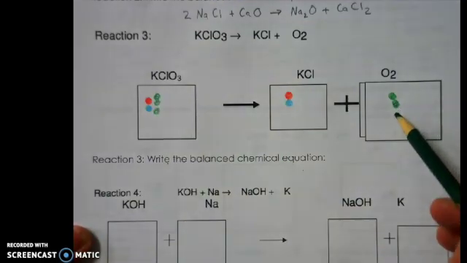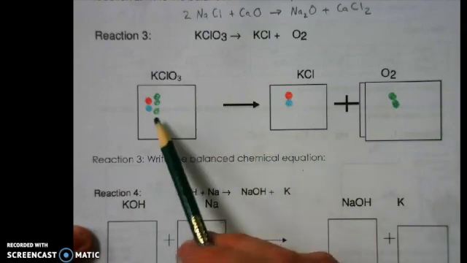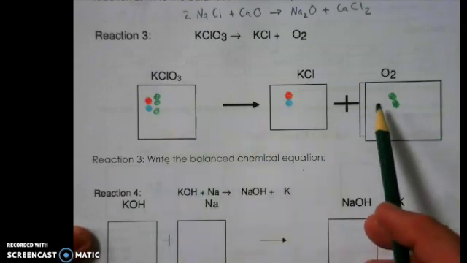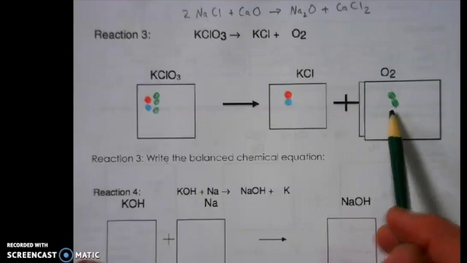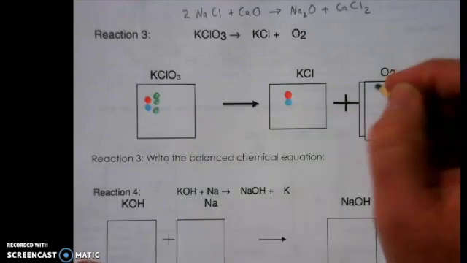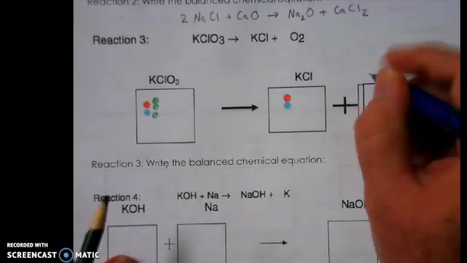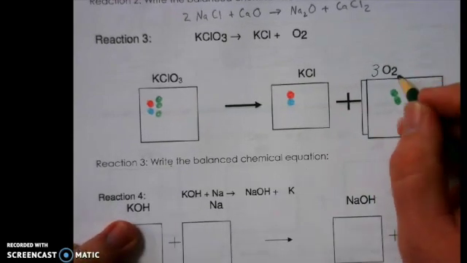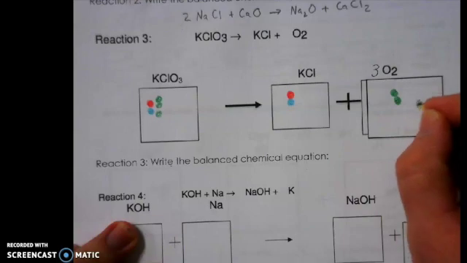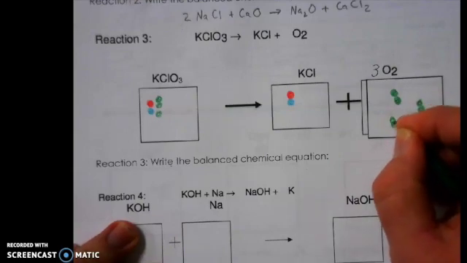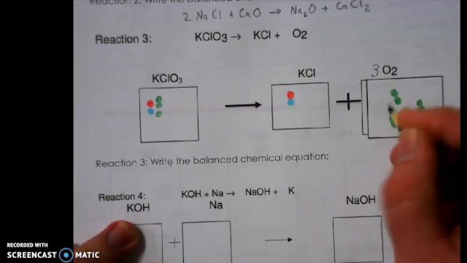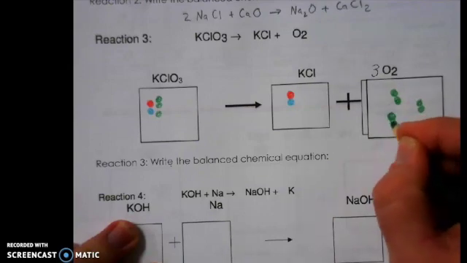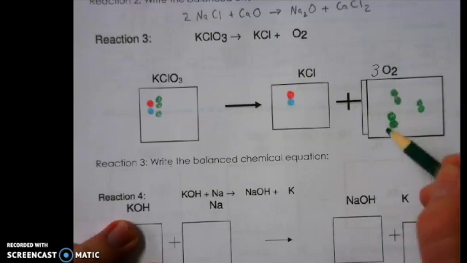So when we have a 3 and a 2, it's very difficult to match up an even number with an odd, so we're going to go ahead and multiply this side by 3. So now, instead of just 1 O2 molecule, we have 3 O2 molecules, which gives us 6 oxygen atoms.